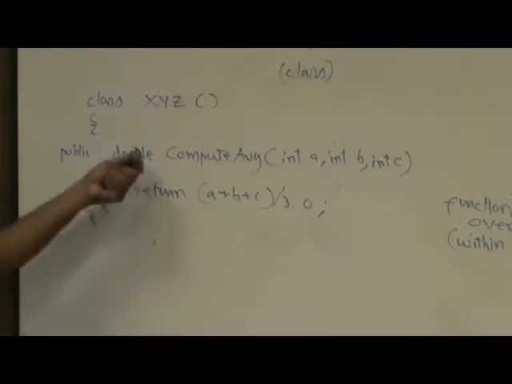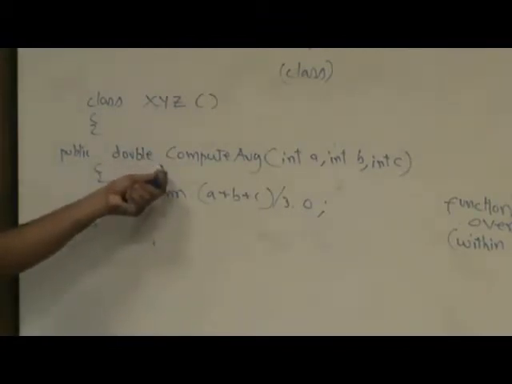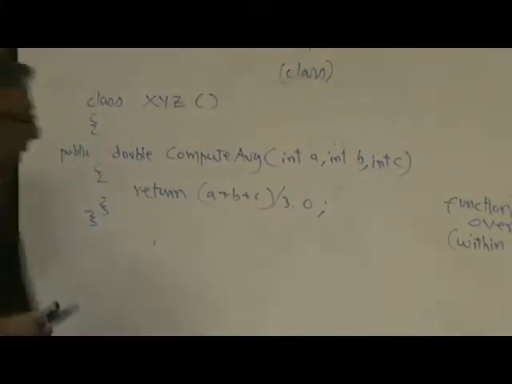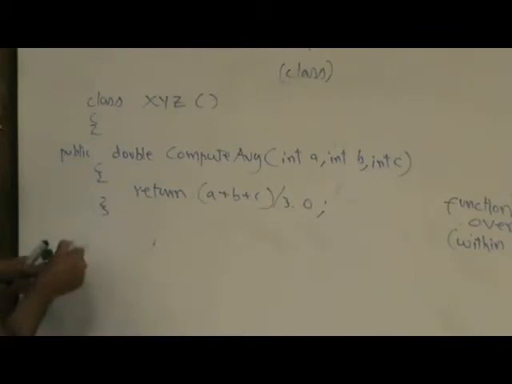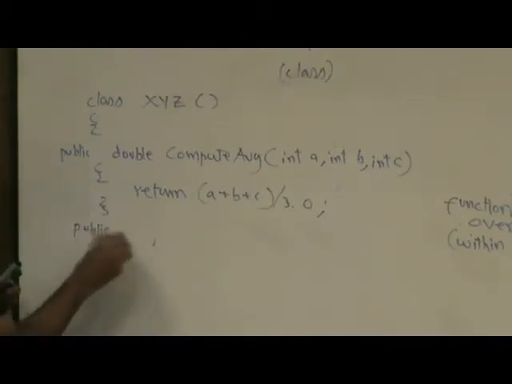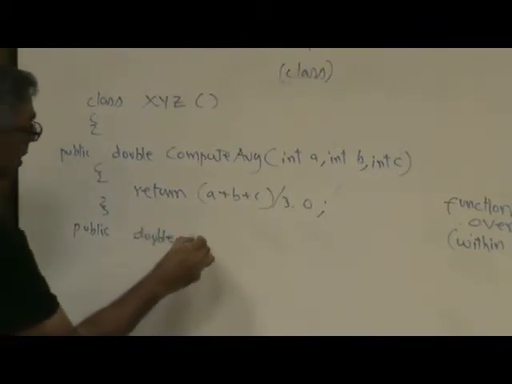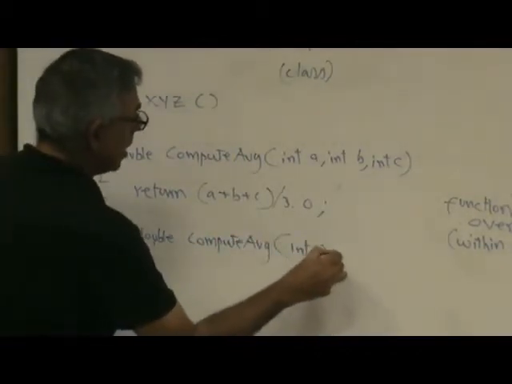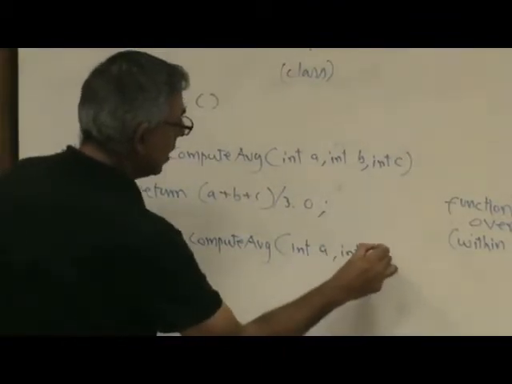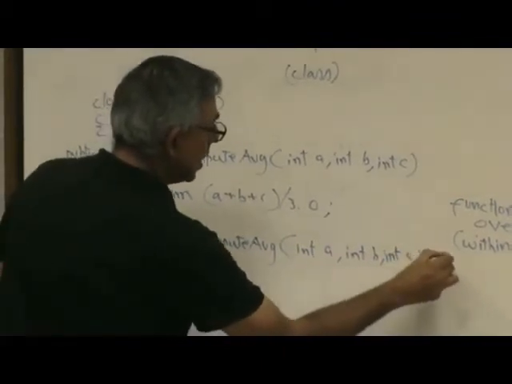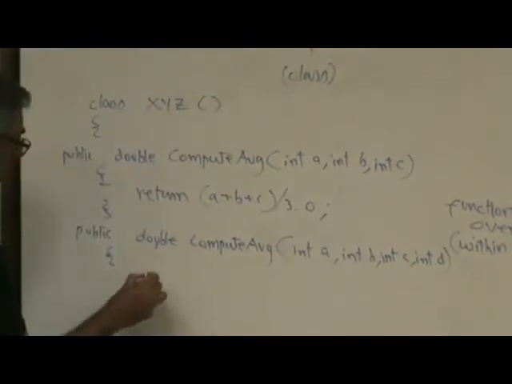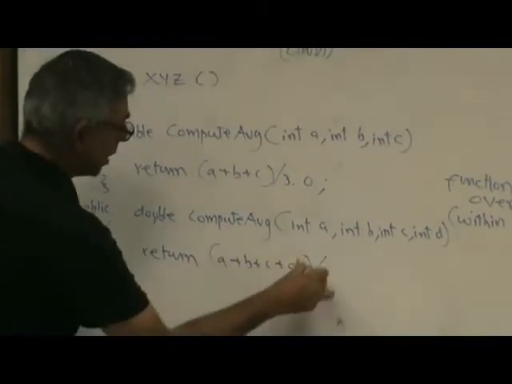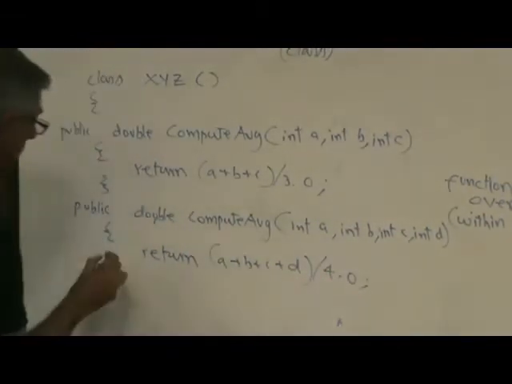Now, can we write one more computeAVG in the same class, which takes 4 parameters instead of 3? Yes, right? So if I went to the same class and I said public double computeAVG int A, int B, int C, int D, and I did a return A plus B plus C plus D divided by 4.0.